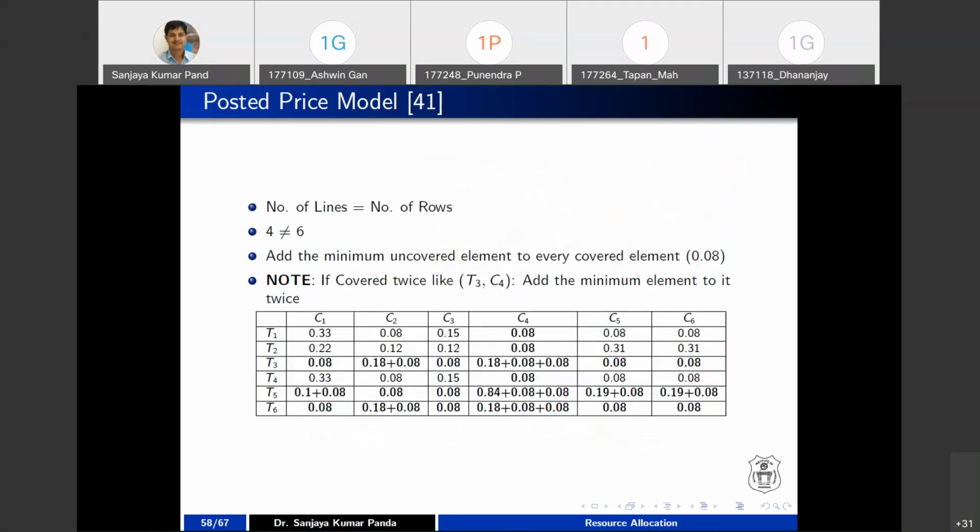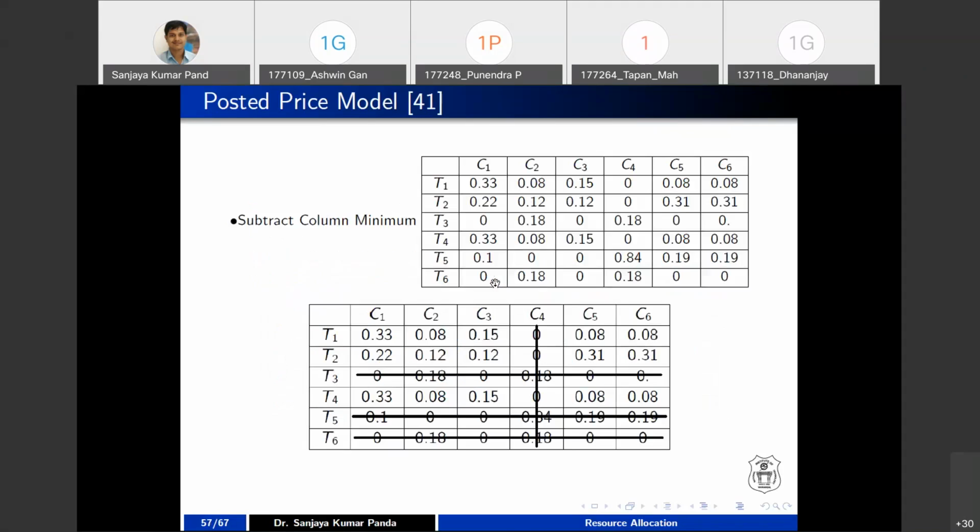But in this case, the number of lines is 4 and the number of rows is 6. As the number of lines and the number of rows are not the same, what do you have to do? You have to find the minimum uncovered element. For example, remove the values covered by a line.